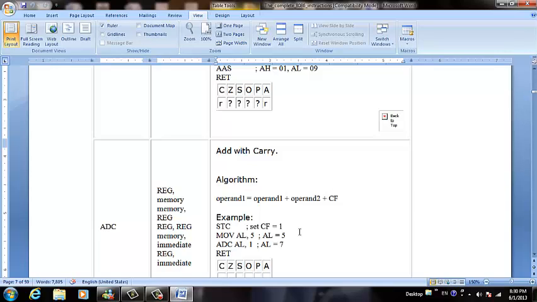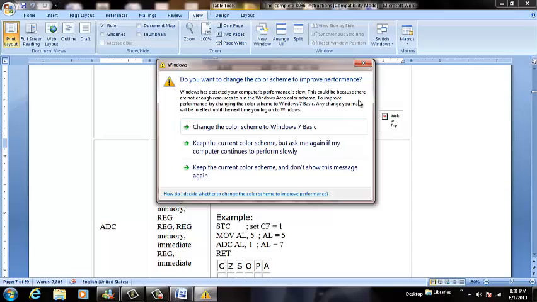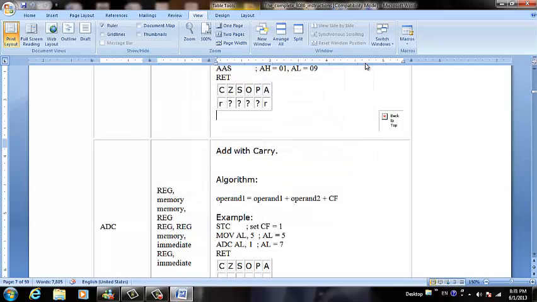If the result includes a carry, that will be stored in the carry flag again for the next add with carry instruction. This instruction is used for multiple addition, like if you would like to add from 1 to 10, 1 plus 2 plus 3 plus 4. If there is a carry, it wouldn't be lost from the addition.